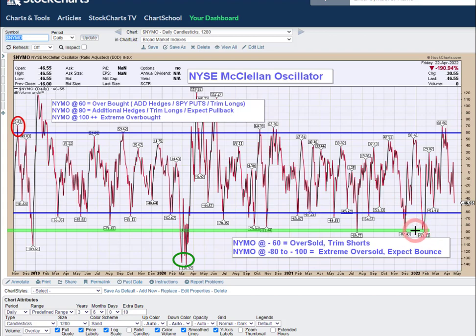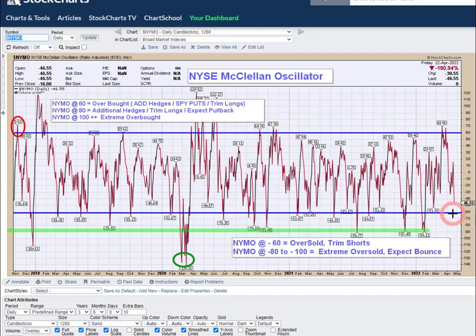minus 90 has been a great spot, that's where the rubber band really snaps, unless you get a COVID low or a 2018 absolute collapse, it's hard to go below minus 90.